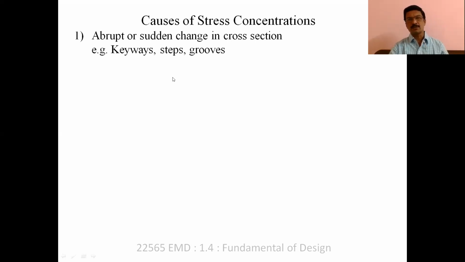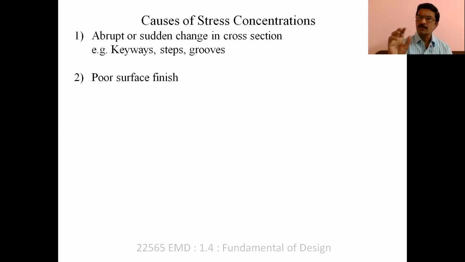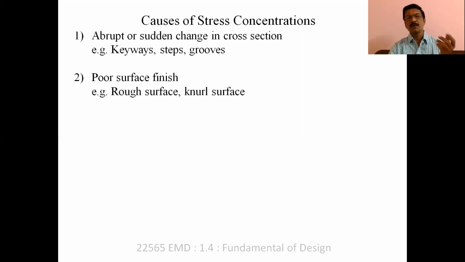Obviously, there is a second important cause of stress concentration, which is poor surface finish. As we know, if you enlarge any particular surface, you will find there is an abrupt change in the cross section. And if there is such poor surface finish, a rough surface, stress concentration occurs.